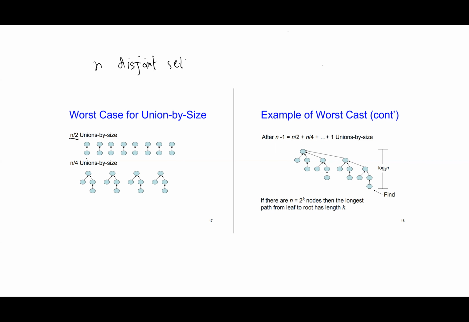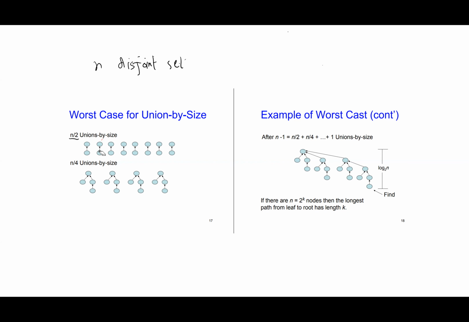In the next step, we do a union between these two. This one is this, and this one is this. Now you see both of them had size of 2. So if both of them have the same size, since we are doing union by size, we break the tie arbitrarily.